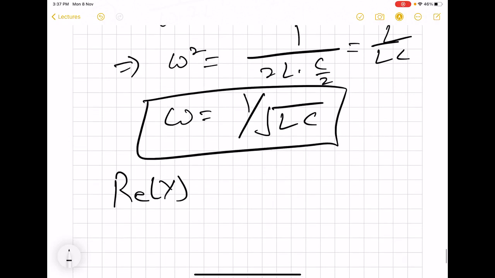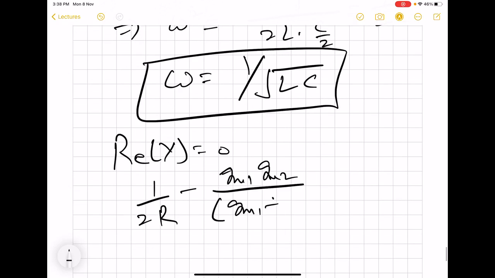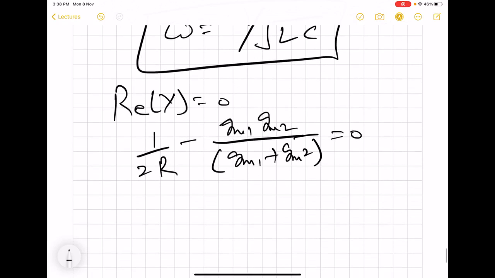Now real part of the admittance is equal to 0. This gives rise to 1 by 2R minus GM1 GM2 by GM1 plus GM2 is equal to 0.